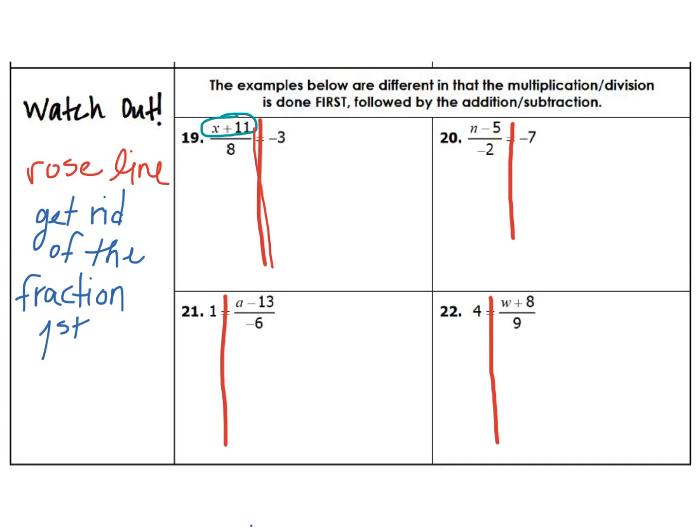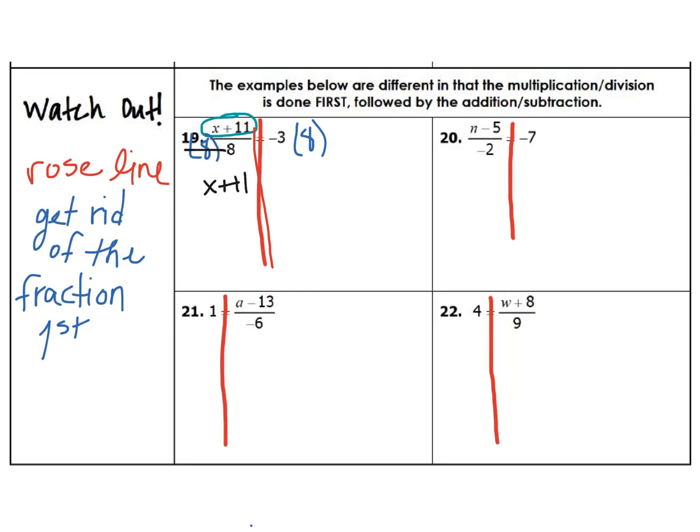Draw our rose line, and then the first priority that we have is to get rid of that fraction. And I'm going to do that by multiplying by 8, because it currently says the quantity x plus 11 is all being divided by 8. So I want to multiply it by 8 on both sides. That cancels.